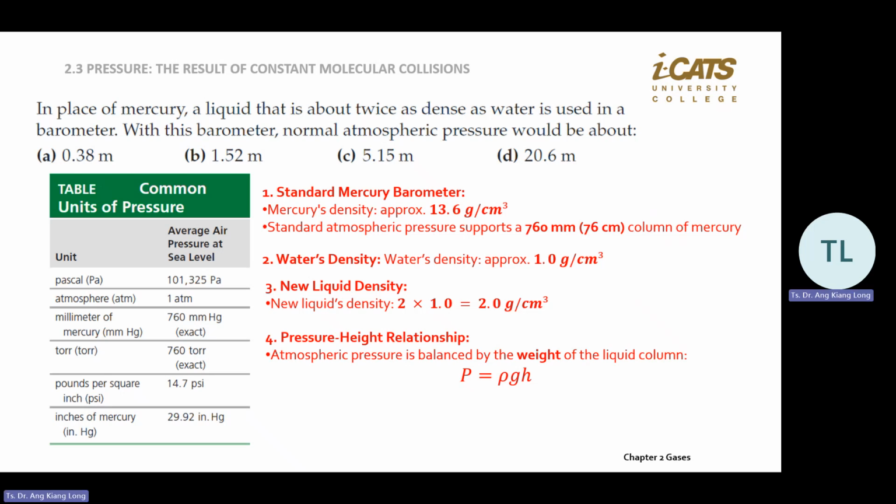So we know that in your chemistry 1 or in your physics, you can calculate pressure: if you involve density and height in the question, you will use P equal to rho GH. Rho is density multiplied by gravitational force multiplied by H. Gravitational force is 9.81.